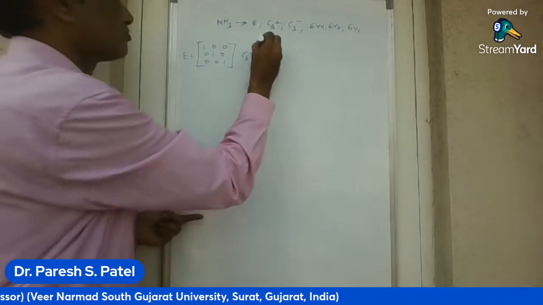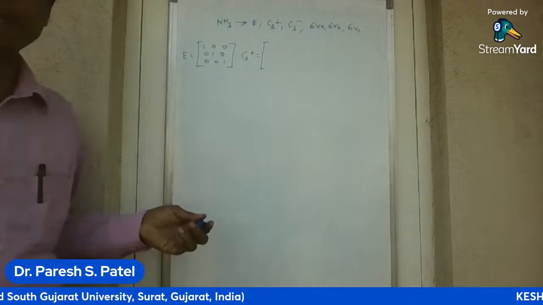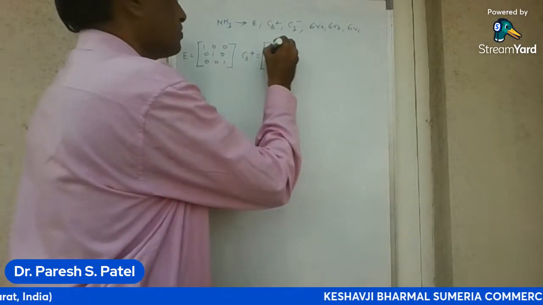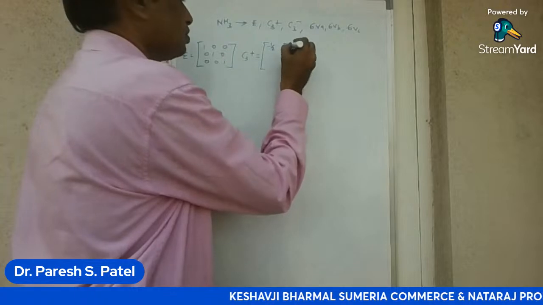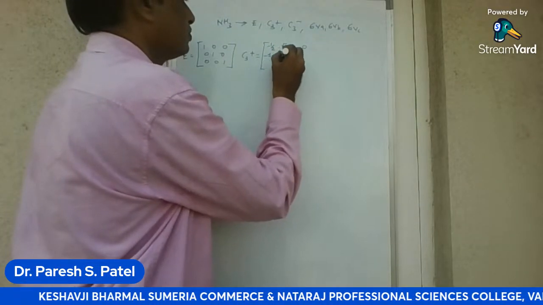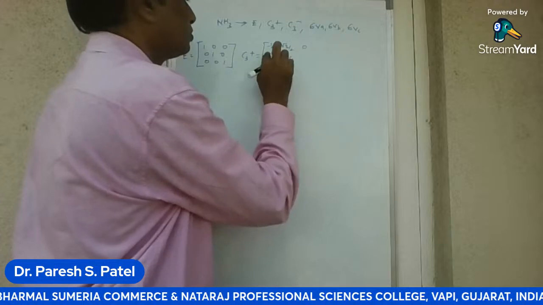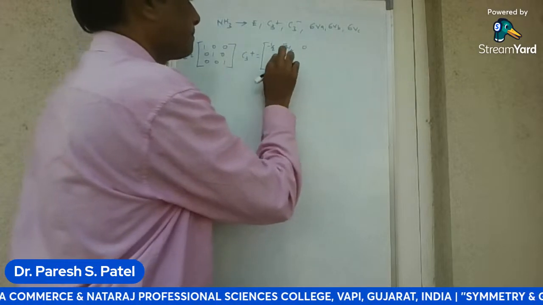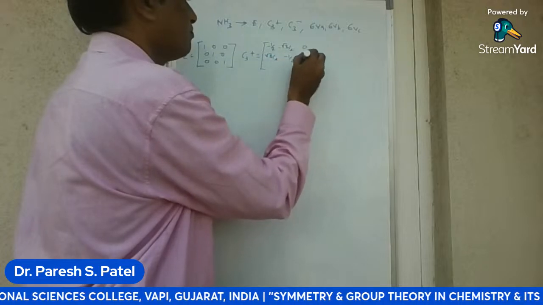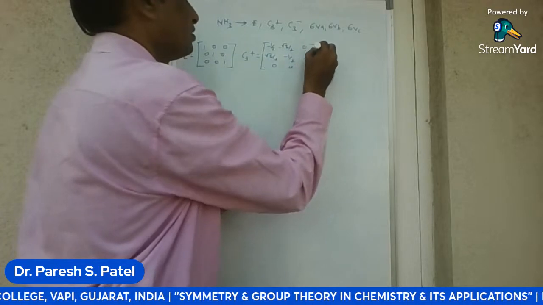For C3 plus, we already derived the matrix representation for the ammonia molecule: minus 1/2, root 3 by 2, 0, minus root 3 by 2, minus 1/2, 0, 0, 0, 1.